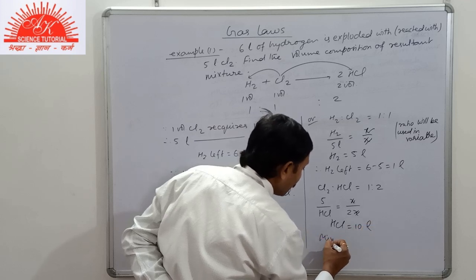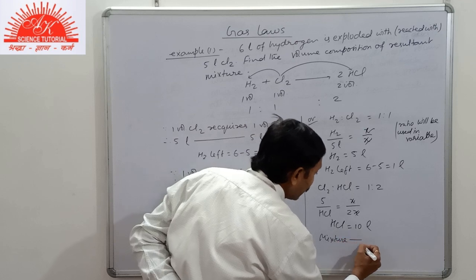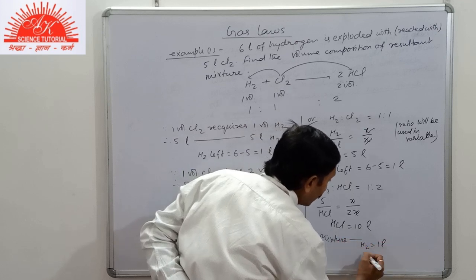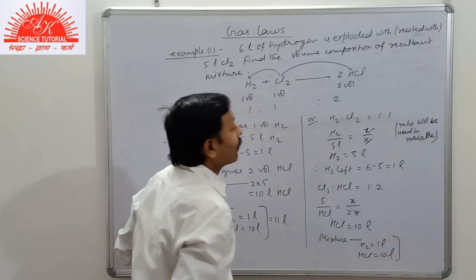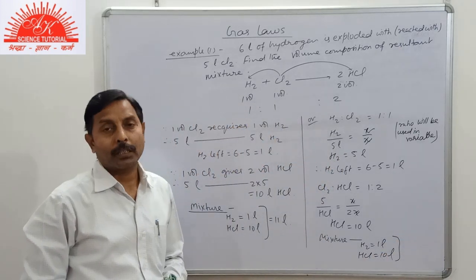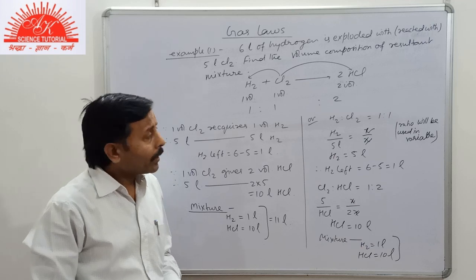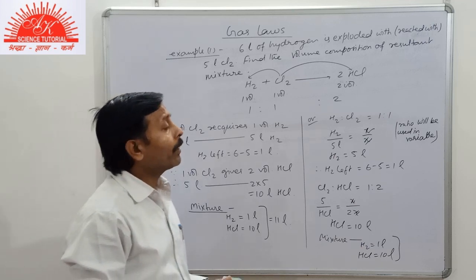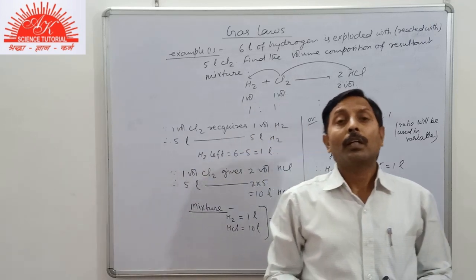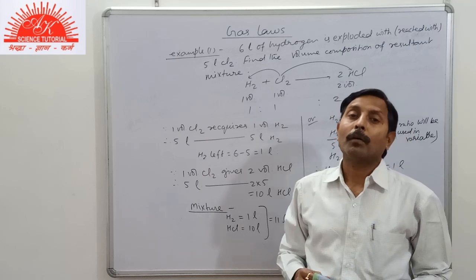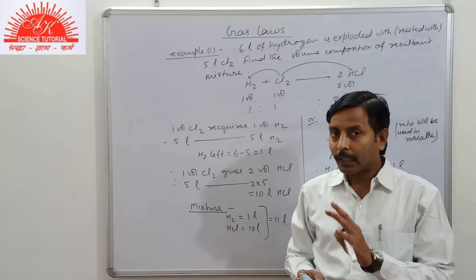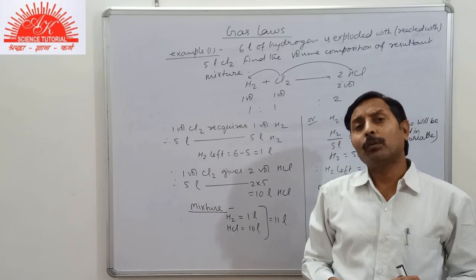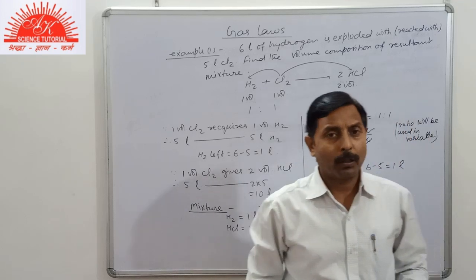Again you can write the composition of mixture: hydrogen 1 liter, HCl 10 liter. So this is the composition of resulting mixture. So students, it is a simple way to find out the volume of reactant or products wherever required. Now clear, students? Now we can use one more example for it.